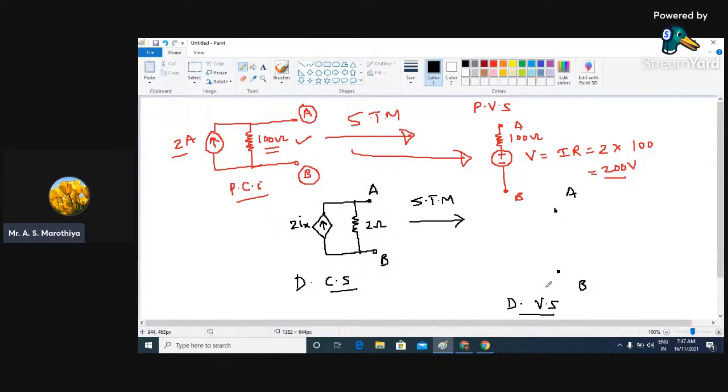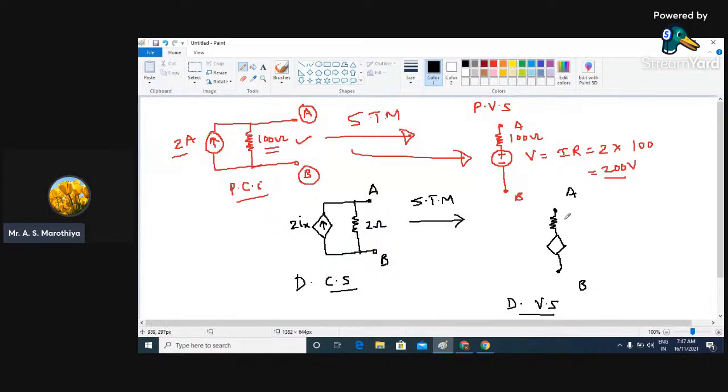So ultimately it is nothing but a voltage source, that's why it must have the internal resistance that is going to be connected in series with your dependent voltage source. So the structure is something like this. So here we have the internal resistance that is going to be connected in series with this particular dependent voltage source.